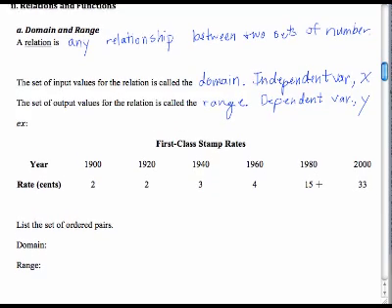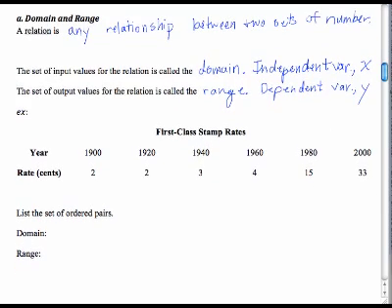Okay, so first let's just list them out as a set of ordered pairs. As a set of ordered pairs, the first ordered pair is 1900, 2, because the year is the input, that's like our x, and the rate is like our y. Because there's a finite number of points, we're not including all the years in between 1900 and 1920, between 1920 and 1940. There's 6 points here.